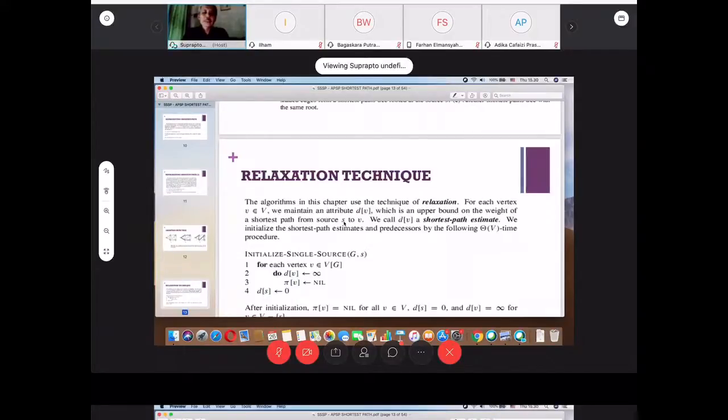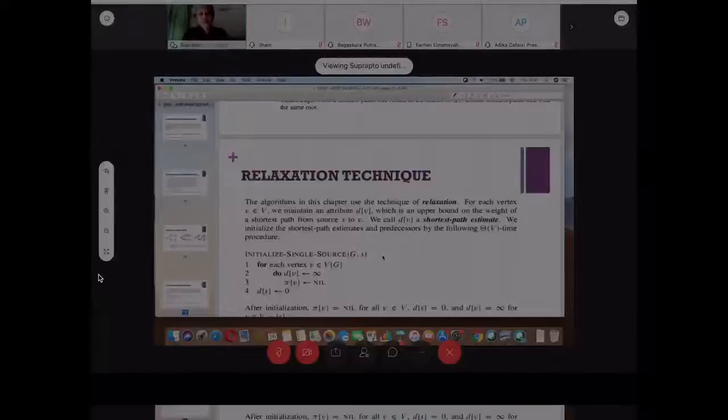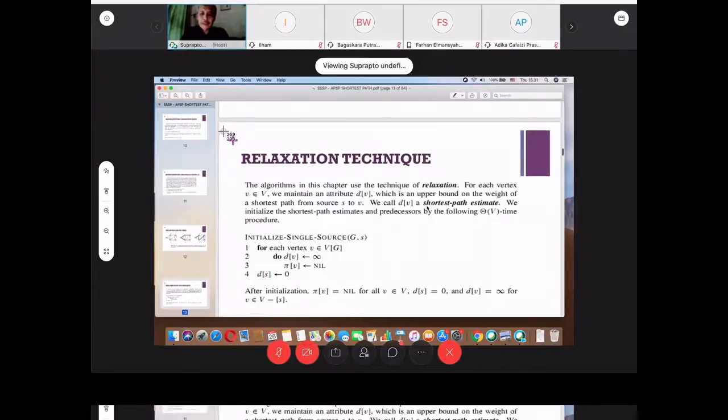It's determined first, and when we say the shortest path to C, it means the shortest path from S to C. Even if you do not mention the source, it's already determined that the source is S. Just say the path to C, it means the path from S to C. Okay, back to this attribute d, you can write v.d. We call it the shortest path estimate because this value is still changing in the process of finding the shortest path.